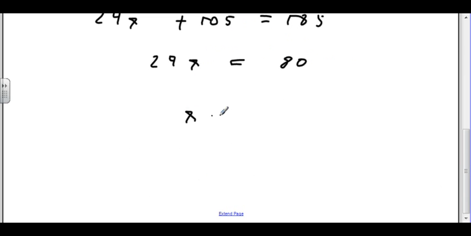X is equal to 80 over 24. Hmm, 80 divided by 24. 10/3. I don't believe it. 10/3.